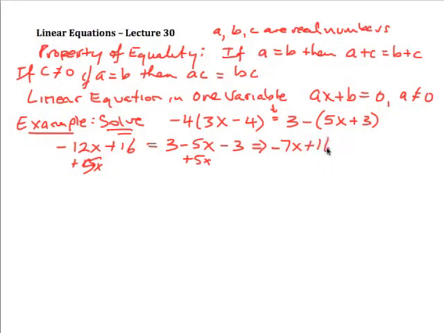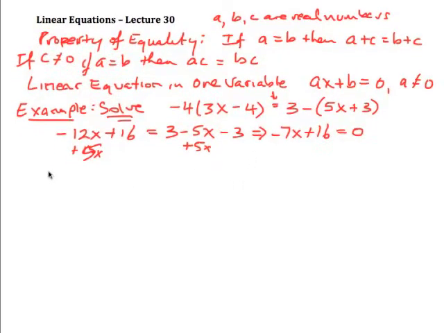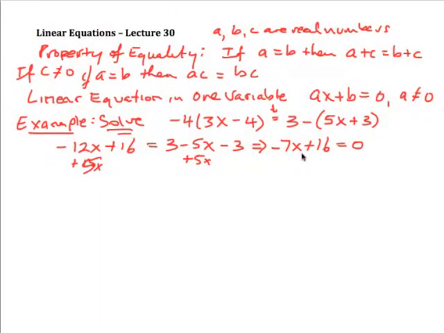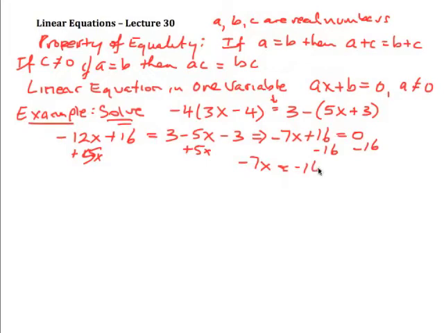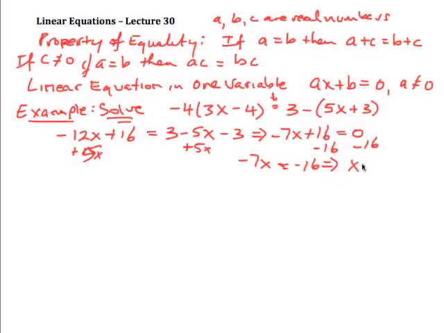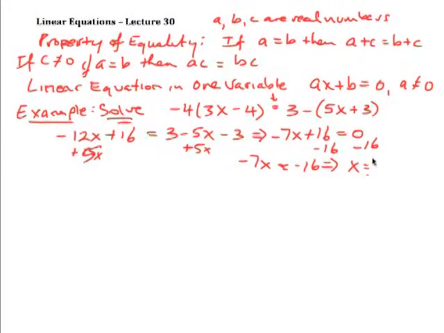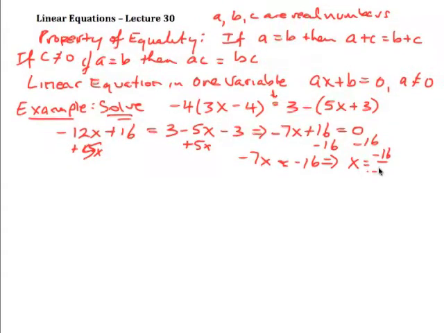Here, negative 5x plus 5x is 0, so I'd have 3 subtract 3, which is 0. Finally, if I subtract 16 from both sides, I have negative 7x equals negative 16, which implies that x is equal to negative 16 divided by negative 7.